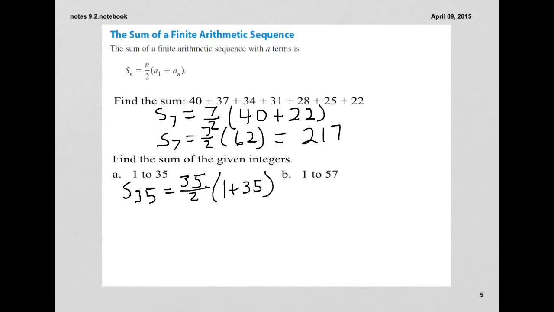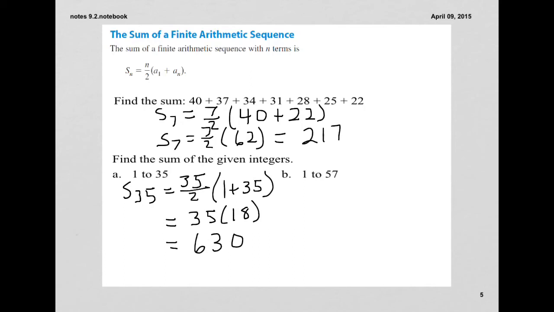So that's going to be equal to 35 times 18, which is equal to 630.